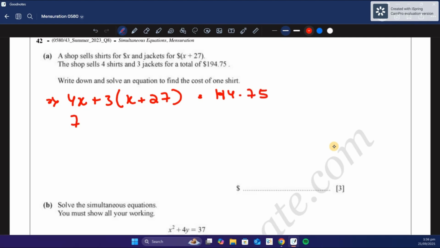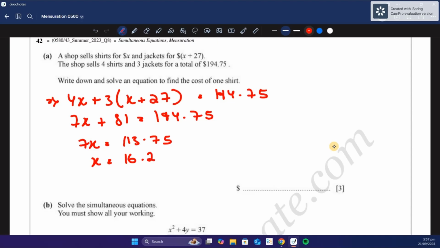If we further simplify, we would get this, and then we could divide and we would get 16.25.